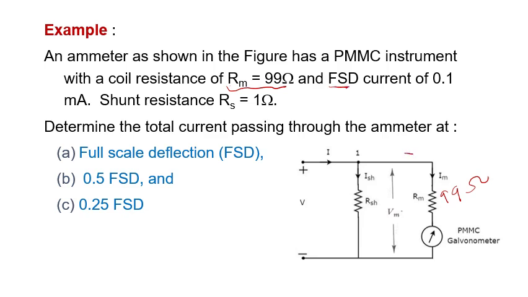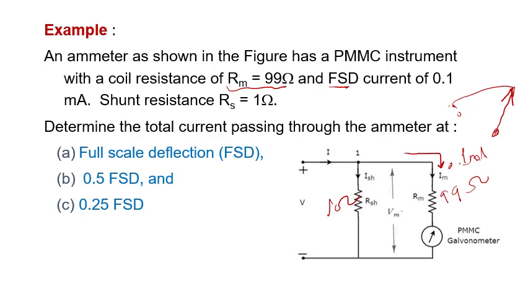He means here the current needed for the PMMC to go to the full scale. Full scale means this is the range starting from 0 to maximum. The current needed to make this one at full scale is equal to 0.1 milliampere. Rs equal to 1 ohm, this resistance equal to 1 ohm.